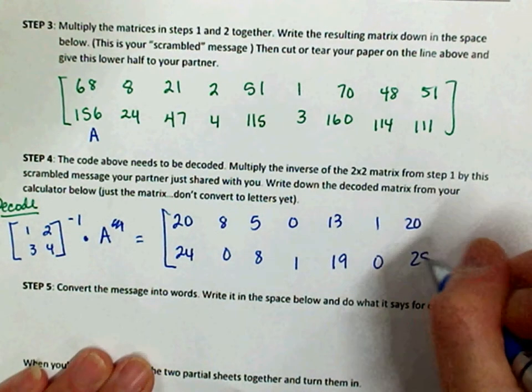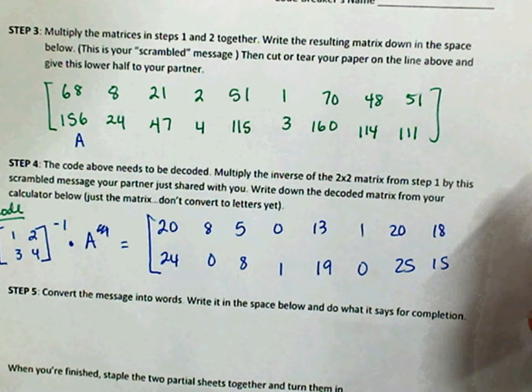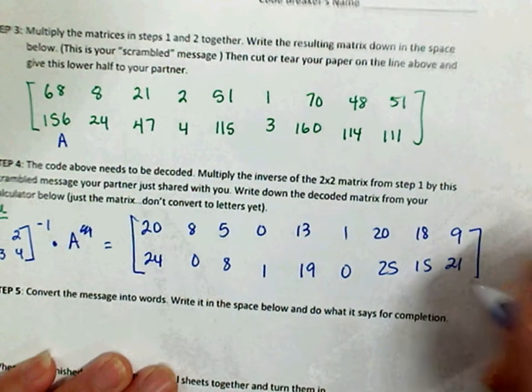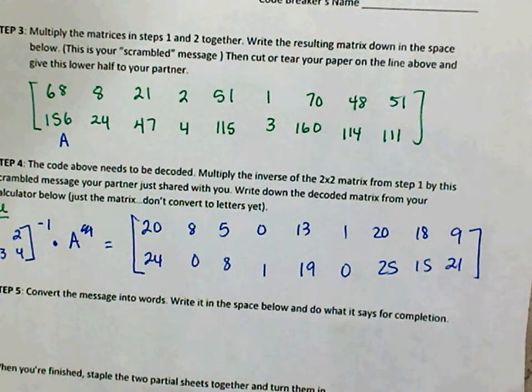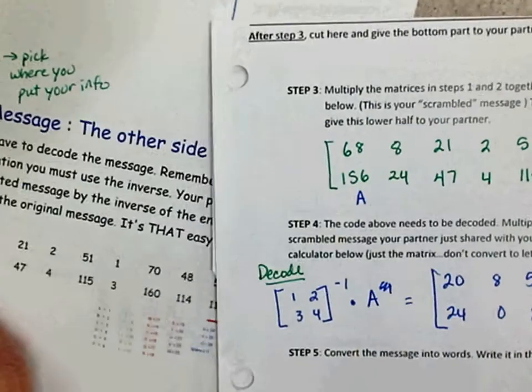So I just keep writing. 18, okay, so I'm at 9 and 21. All right. So I have decoded it. Now I'm going to go and translate it back.